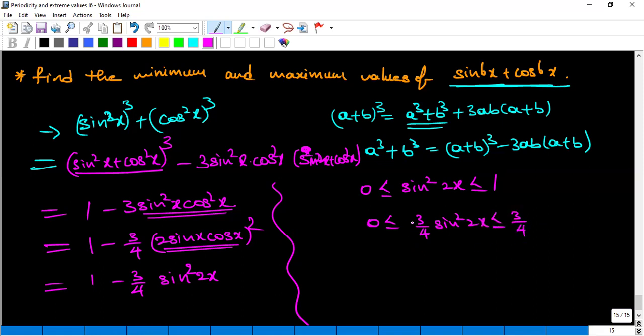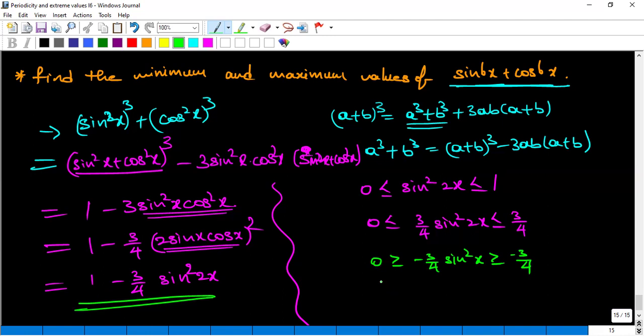Since I have a minus, observe this, I'm trying to convert into this particular form, minus 3 by 4. So if I take the minus in this, I need to change the inequality: 0 is greater than or equal to minus 3 by 4 sin square 2x, which is greater than or equal to minus 3 by 4. I want 1 also.